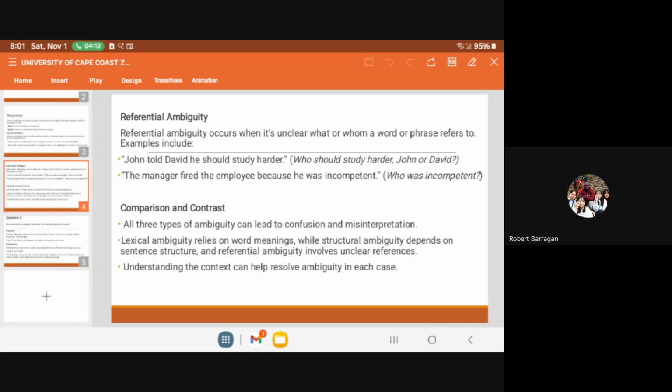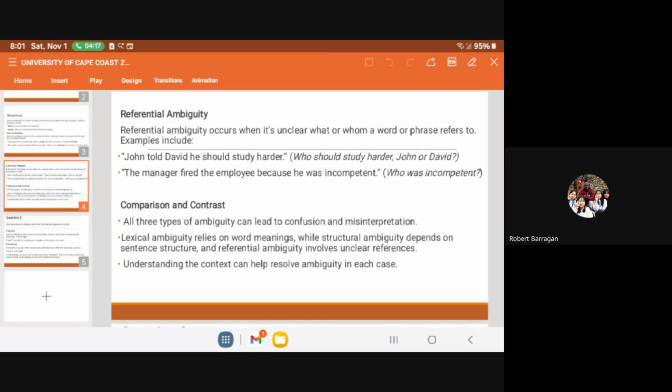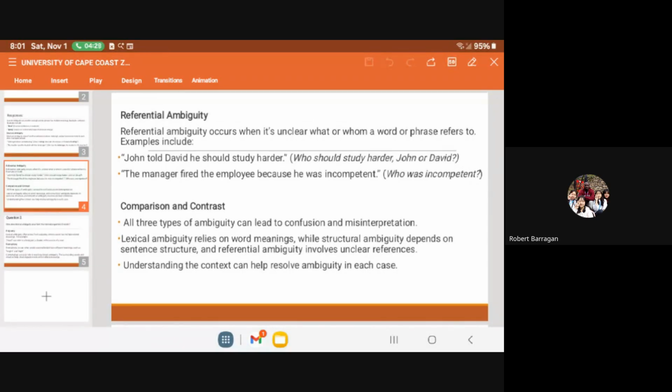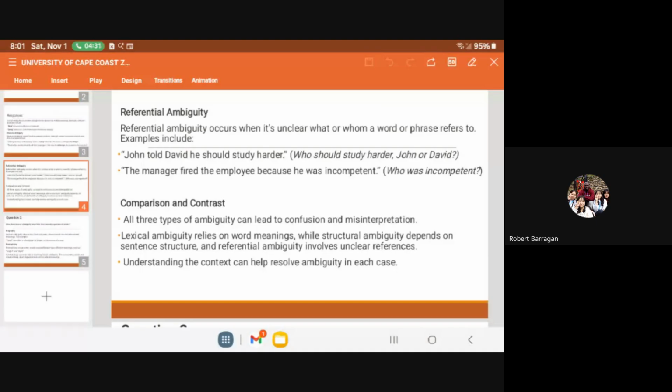The second example, the manager fired the employee because he was incompetent. It is unclear who the pronoun he is referring to. Is it the manager or the employee? So it makes this sentence unclear, and it's a type of referential ambiguity because it's not clear who is incompetent.